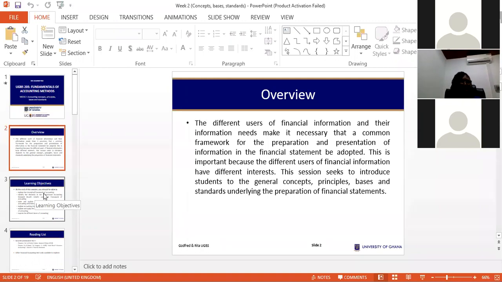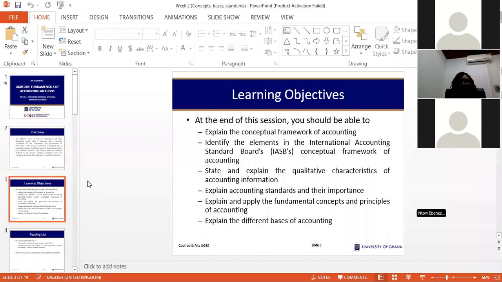Okay, I did indicate that we cannot prepare tailor-made for everybody. So we put all these together in what we call general purpose financial information that can address the different interests of the various users.